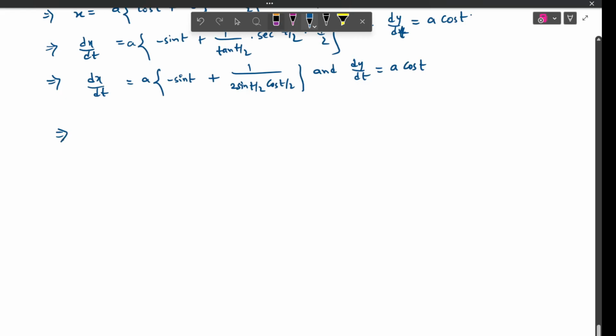Now let's move forward. It will be sin t, right? So dx by dt is a into minus sin t plus 1 by sin t, and dy by dt is a cos t.